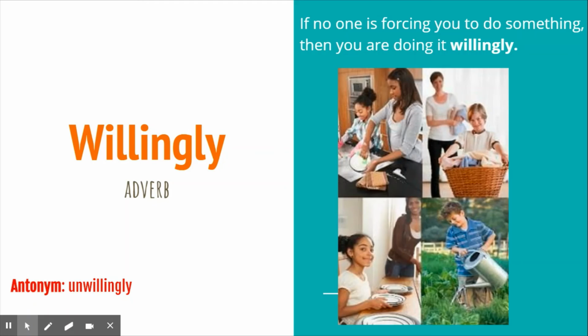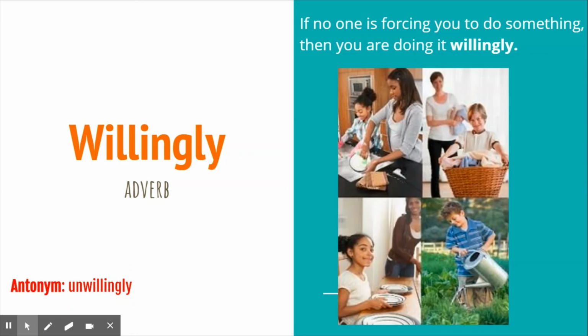If no one is forcing you to do something, then you are doing it willingly. Let's read it together. If no one is forcing you to do something, then you're doing it willingly. So when you do your work out of your free will, you are doing it willingly and with the right attitude, right? Look at those kids in those photos.